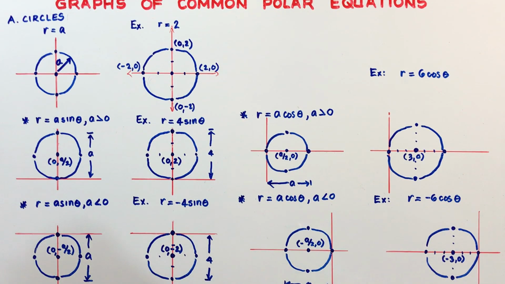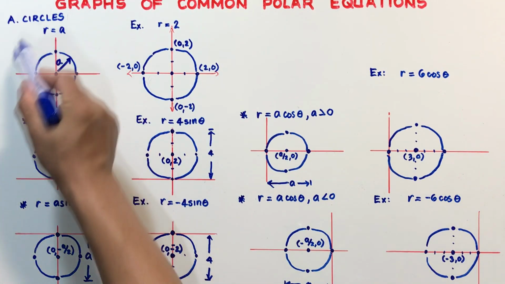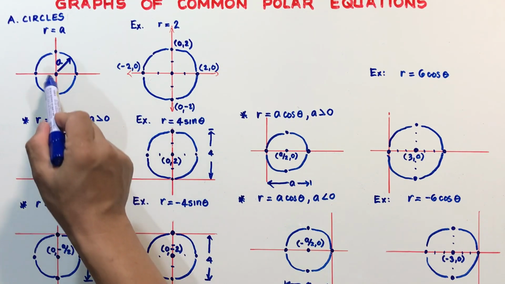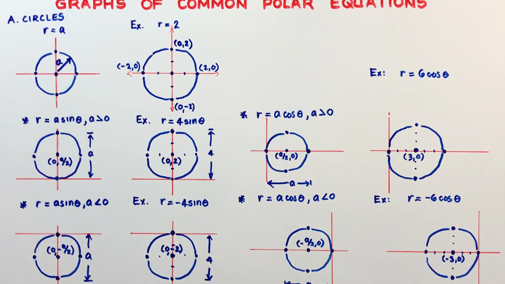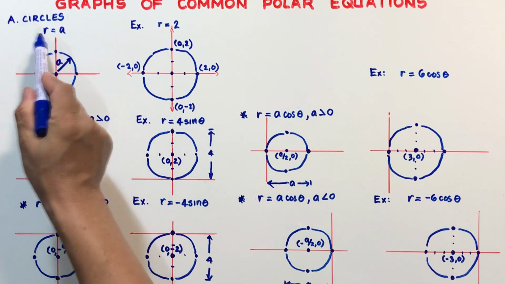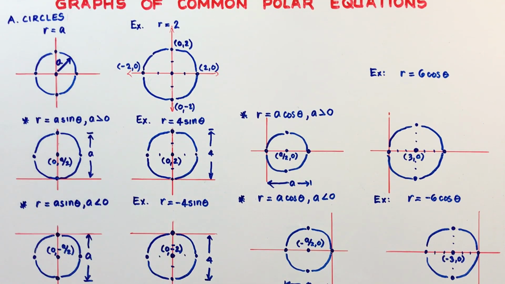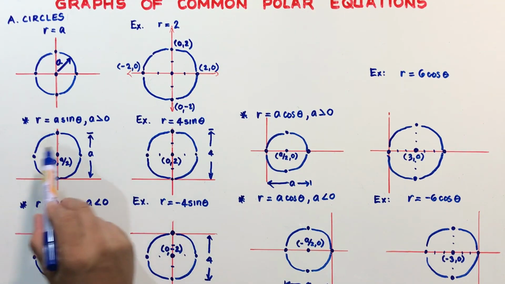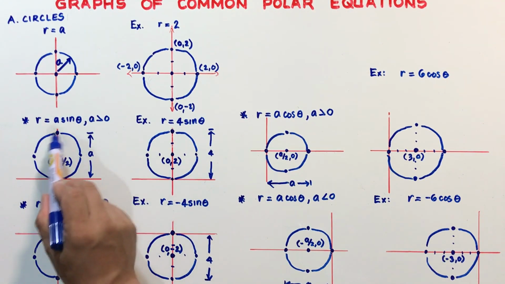So generally, as you can see, there are 3 classifications of circles here. The first one is a circle whose center is at the point of origin. So the general polar equation of that circle is r equals some number, and that number is the radius of the circle. And the second classification is when the polar equation involves the sine function.